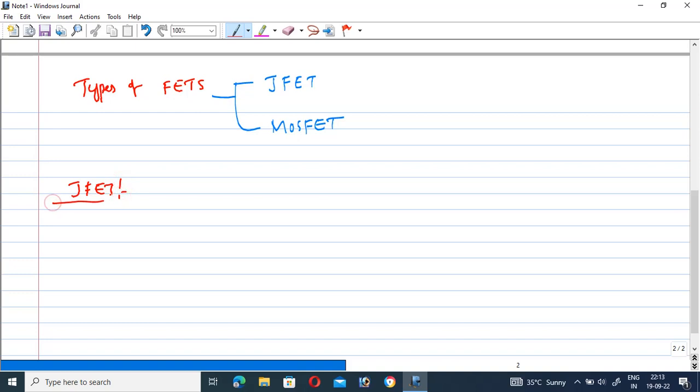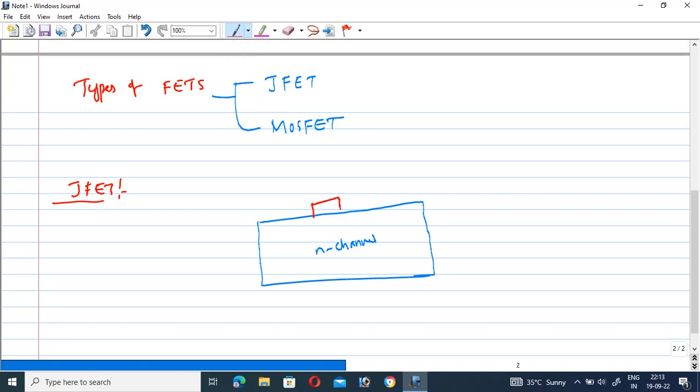Let us see the JFET construction. The construction of the JFET is very easy. Let us see the diagram. You take one N-type semiconductor bar, so here I will consider an N-channel bar. On both sides of the N-channel bar, you dope very heavily P-type regions.